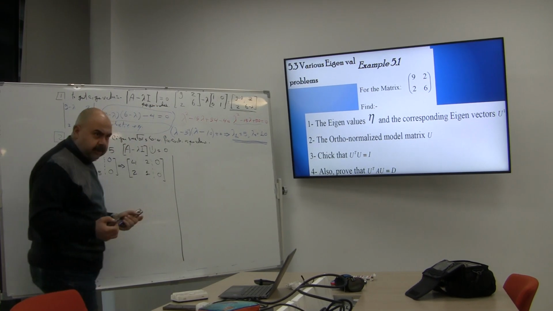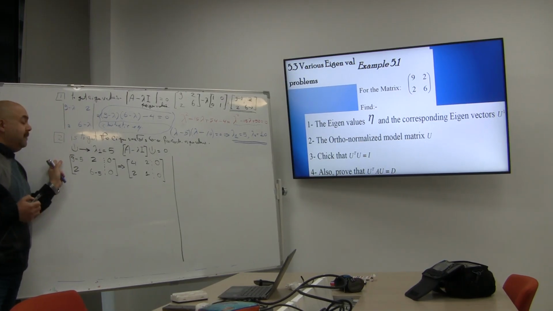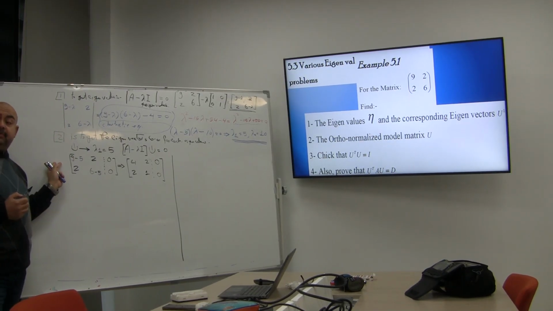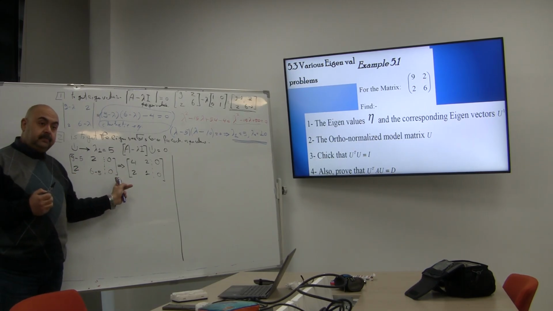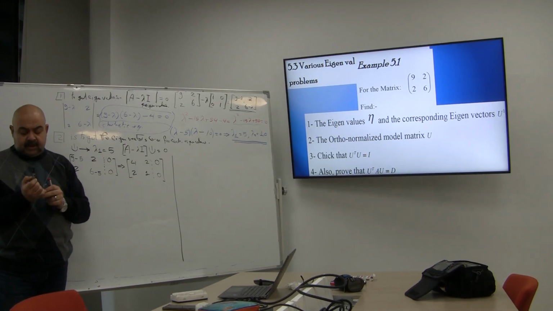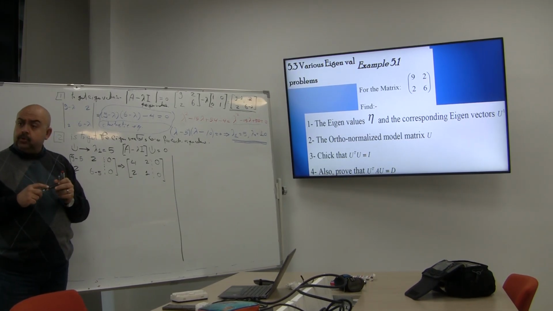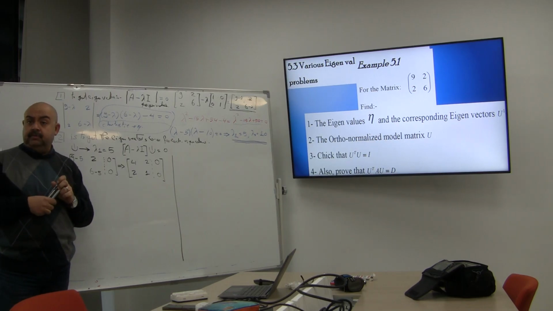So what I'm going to do is take the same matrix, subtracting the values of the eigenvalues from the principal diagonal, so I will end up like this. The question is, can this system develop no solution? Is it possible to have no solution for the system?